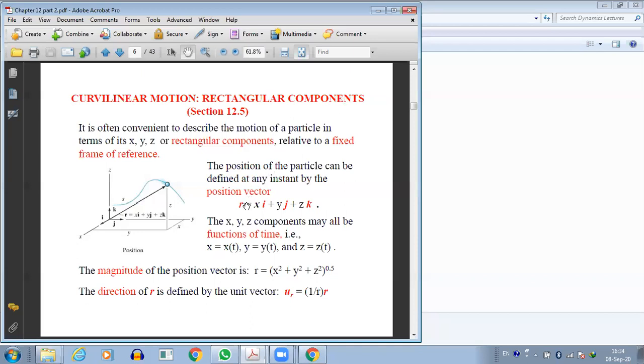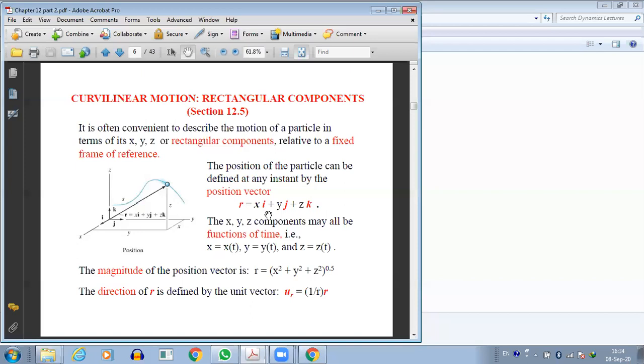For example, if we have r displacement, we'll write it as x i plus y j plus z k: the x component, the y component in the y direction, and the z component in the z direction. Once you have the x, y, z components, you can find the velocities by differentiating them with respect to time, and similarly the acceleration.